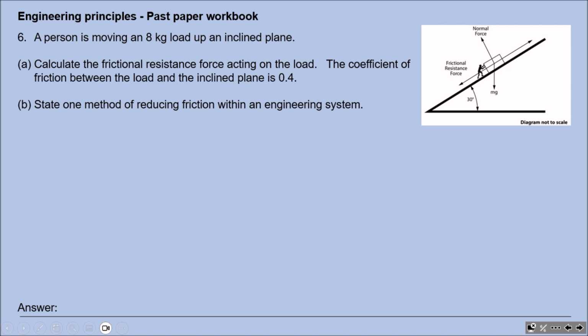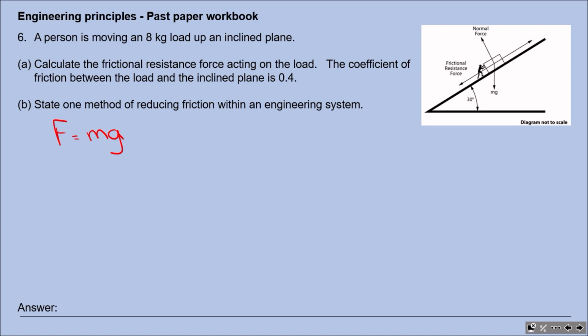If you have a look at your formula sheet again, you'll see that the force is equal to mass times acceleration. What we need to do is forget about acceleration for now, because there's no actual acceleration value here other than that of gravity.